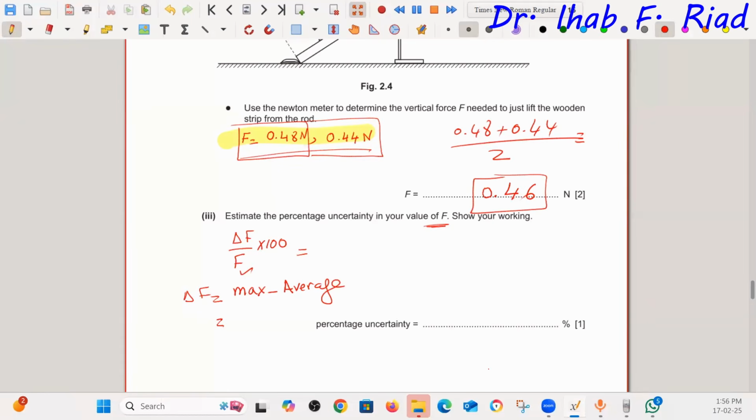What is the maximum value for F, Dean? Can you hear me, Dean? Dean?